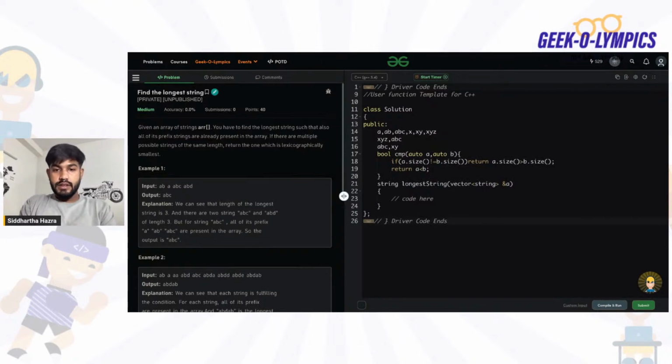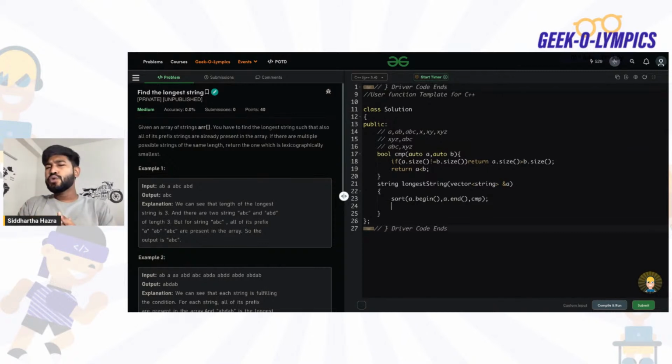If the size is the same, this would work, meaning the smaller one comes first. So I would just comment this out. Now I would sort it: sort a dot begin, comma a dot end, comma cmp. I hope I'm clear.